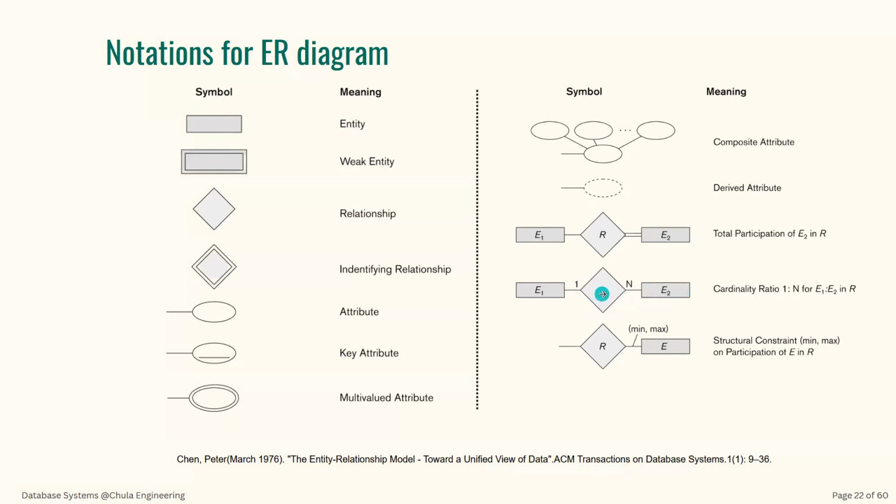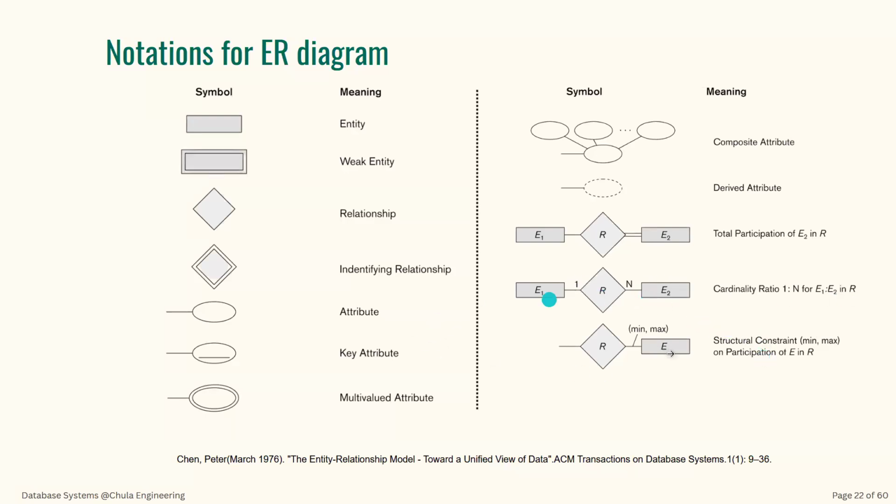We have a relationship R to connect E1 entity and E2 entity. So then what we call here is that we have a one to many relationship. Okay. So it's a cardinality ratio of one to many for E1 and E2. Okay. E1 is entity number one and E2 in the relationship R.